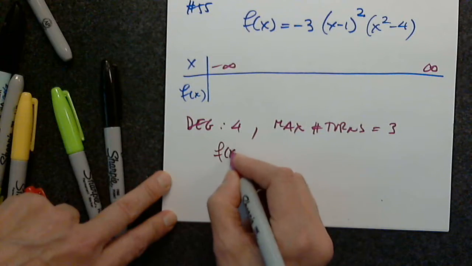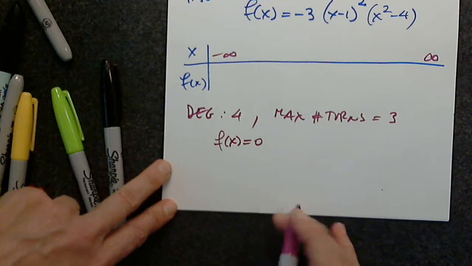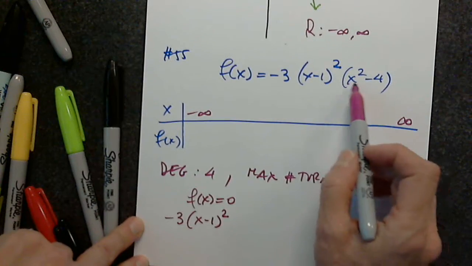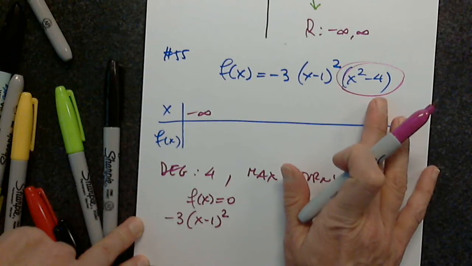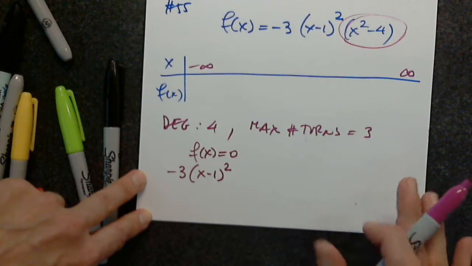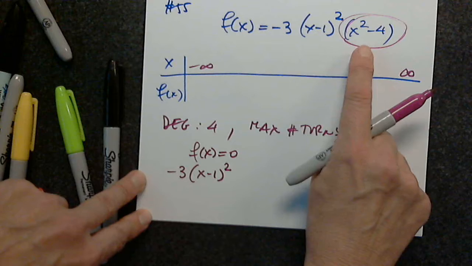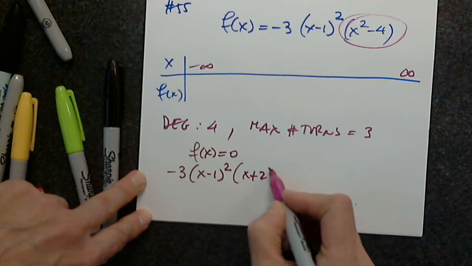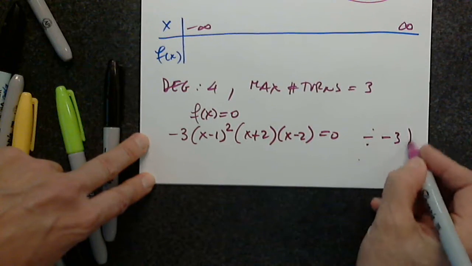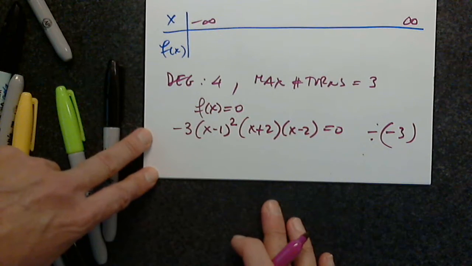X-intercepts. I set f of x equal to 0, and I have negative 3, x minus 1 squared. Can anyone factor this for us? Thank you very much. Of course, I will divide by negative 3. I don't want to see it there. It's in the way.